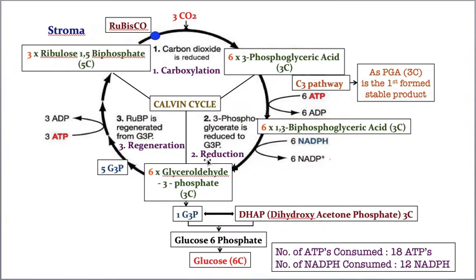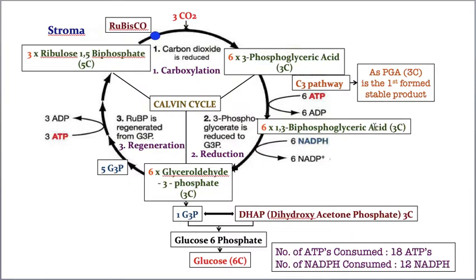In reduction, this PGA, how many PGAs? Remember, 6 PGAs. Each PGA utilizes 1 ATP. How many PGAs are formed? 6 PGAs. How much ATP is needed for each PGA? 1 ATP. So 1 PGA, 1 ATP. That's why for 6 PGAs, 6 ATPs are utilized. By utilizing 6 ATPs, 6 phosphoglyceric acid molecules convert into 6 1,3-bisphosphoglyceric acid molecules.